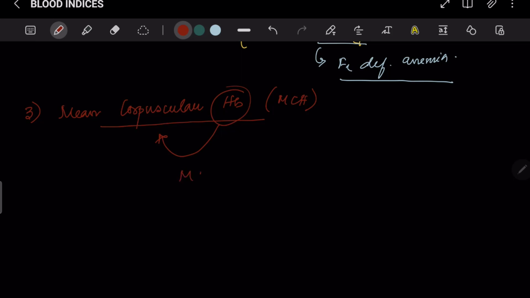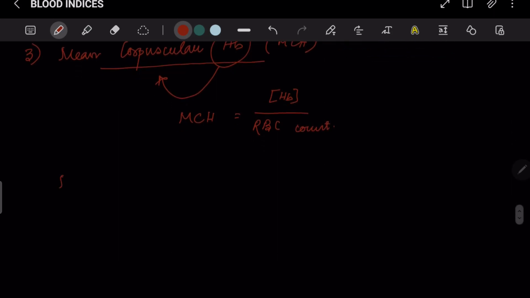Thus, we can write mean corpuscular hemoglobin is equal to total hemoglobin concentration by the total number of RBC, or the RBC count. The normal MCH range is from 28 to 32 picogram.